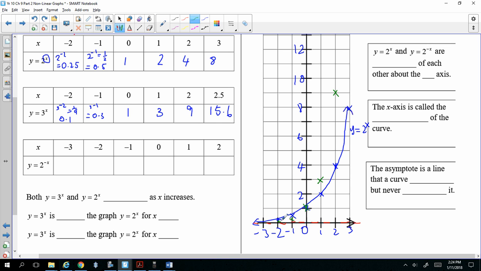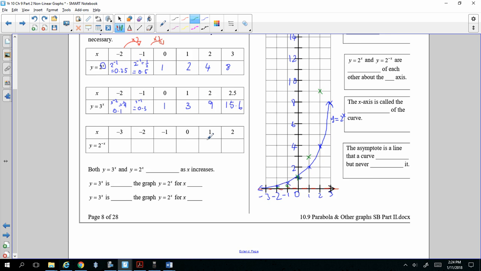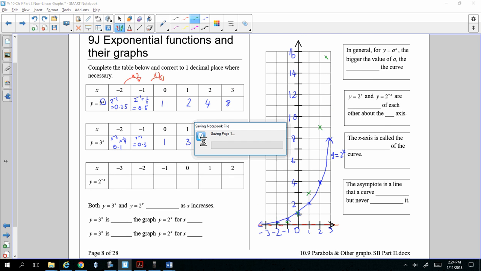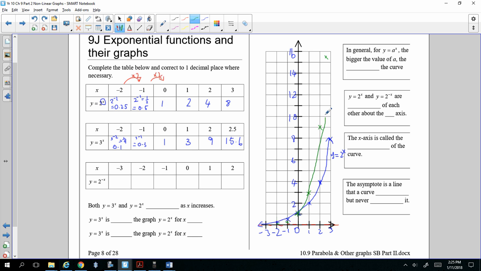Okay, so let's try to draw the graph. And then we've got this to join up. Hopefully there's enough room. Going up.